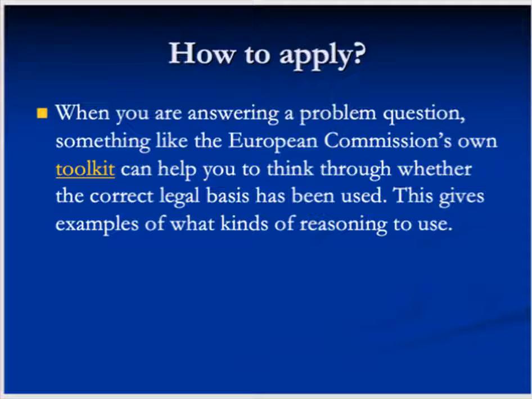So here's a copy of the toolkit, and it's got a very useful box that gives advice about how the Commission has to justify that a proposal has to be made at European Union level.